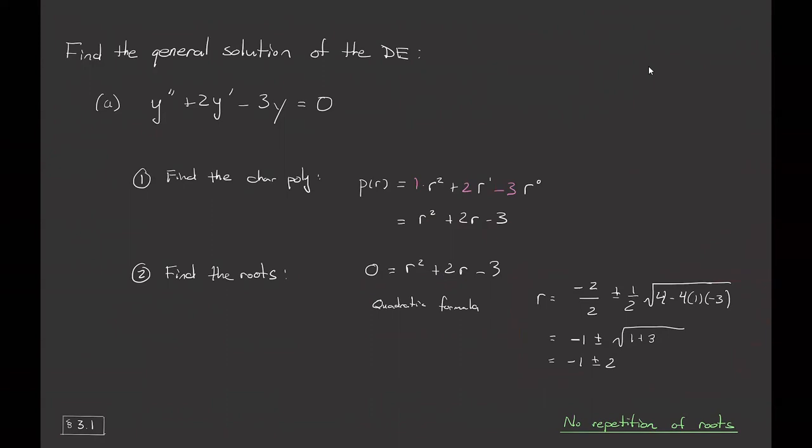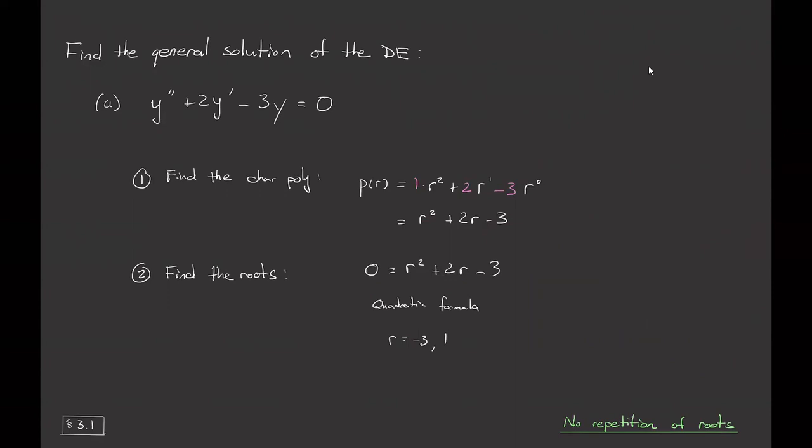So let's see, what do we get? We get negative 1 minus 2, which is minus 3. And then we get 1.